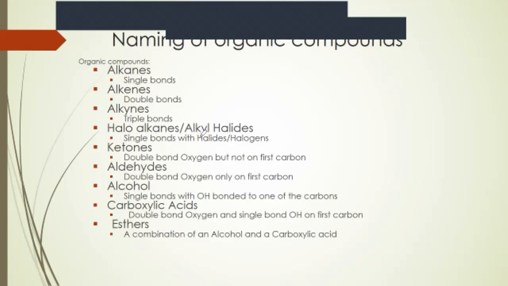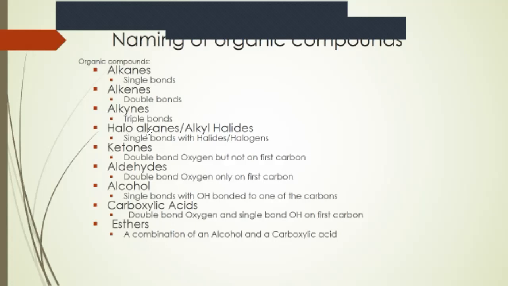Your haloalkanes, halo from halogens, or your alkyl halides. Remember, halides are your fluoride, chloride, and bromide. They are single bonds, yes, like hydrocarbons, but they consist of a halogen, your bromide or chloride or fluoride. You get what I'm saying? It doesn't matter how many, but as long as you see a halogen, this is a haloalkane.